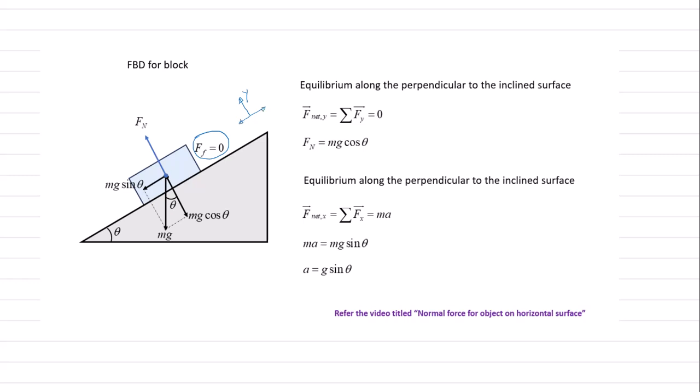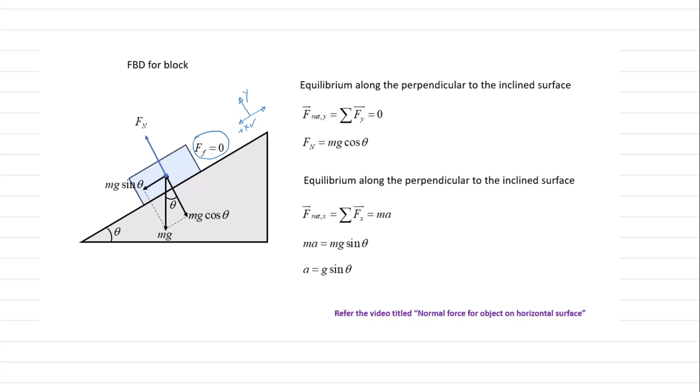So the x-axis is on this side, and it is always good to consider positive x direction along the direction of the motion of the object. So we know in that case that there is a force mg sin theta which is going to bring the object down along the inclined plane, and therefore the motion will be downwards along the inclined plane, and we will consider that as a plus x direction.